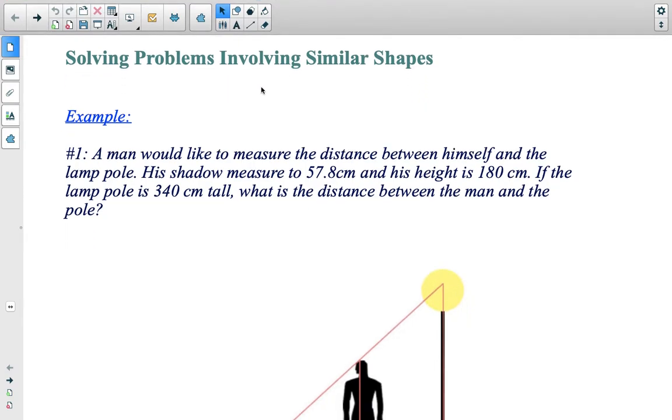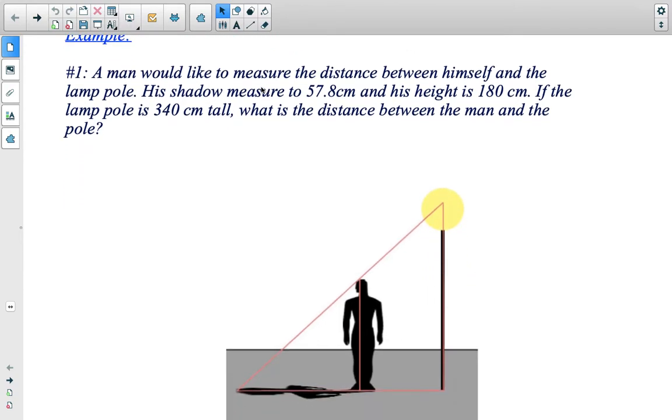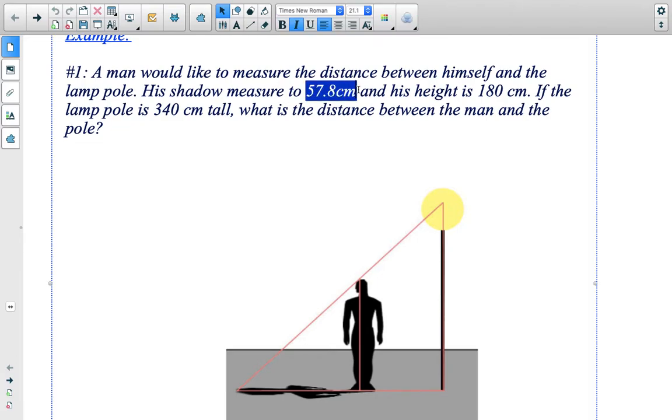Okay? So the example we have here says, a man would like to measure the distance between himself and the lamp pole. So he wants to measure the distance between himself and this here, the lamp pole. His shadow measures to be 57.8 centimeters.